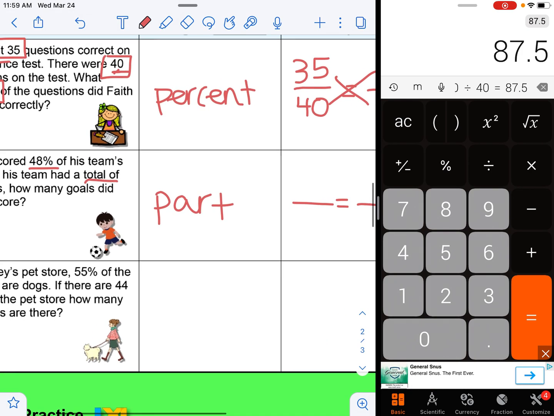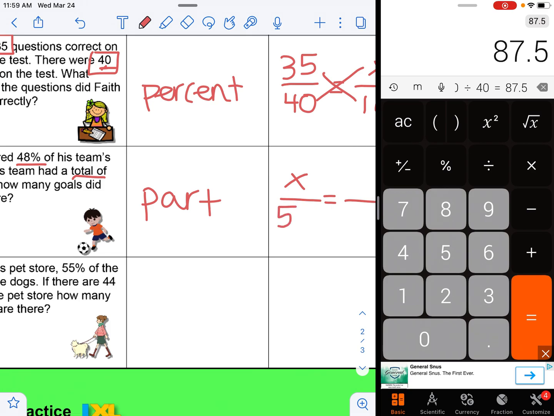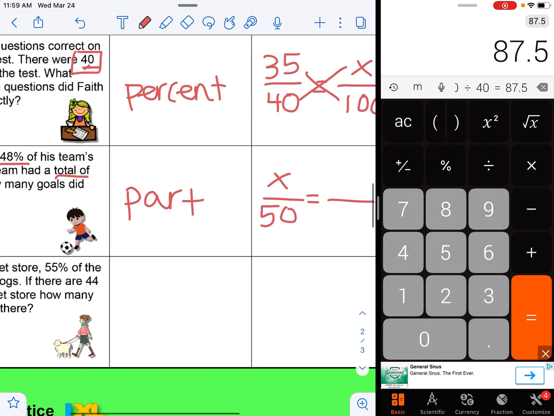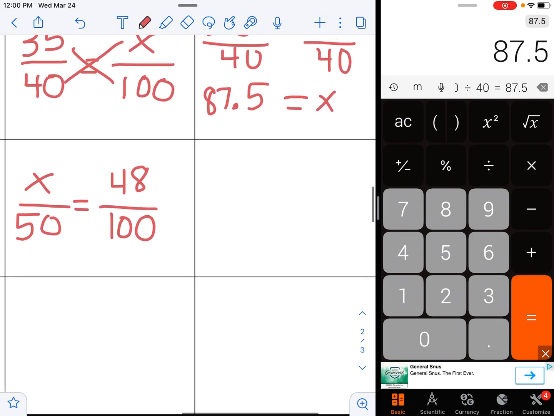Okay, so now let's set up our proportion. We don't know the part, that's our x. But we do know their team scored a total of 50 goals. So that's the denominator. And then we know our percent is 48, and our denominator is always 100 on our percent. Okay, so now we can go ahead and cross multiply.